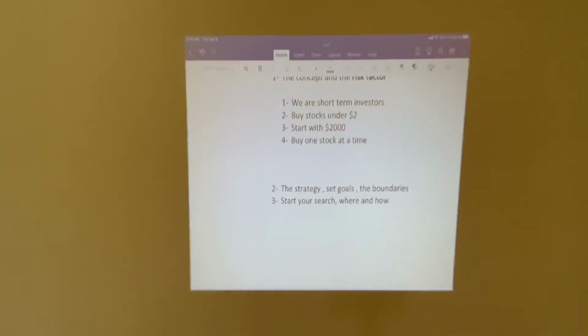learn about that. The second one: buy stock under $2. We said don't underestimate the less-than-$2 stocks. You're starting with a $2,000 budget, and don't underestimate how much $2,000 can do for you. Stocks that fall below $2 in value have higher potential to make money.